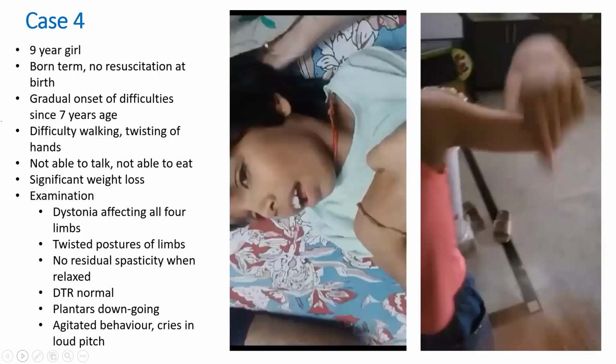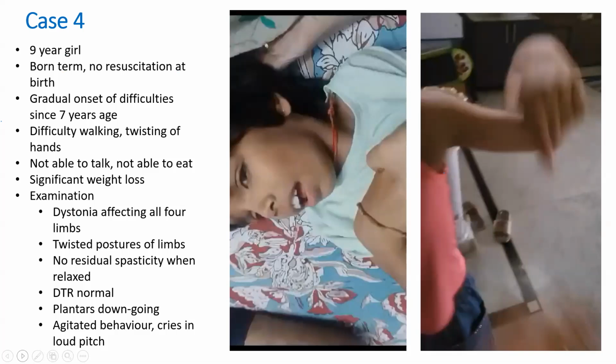Okay, so moving on to the fourth case, this is a 9-year-old girl. She was born at term, no resuscitation at birth, walked on time. She had gradual onset of difficulties since 7 years of age, had difficulty walking, eventually became bedridden, significant twisting of the hands, not able to talk, not able to eat, and because of that had significant weight loss.